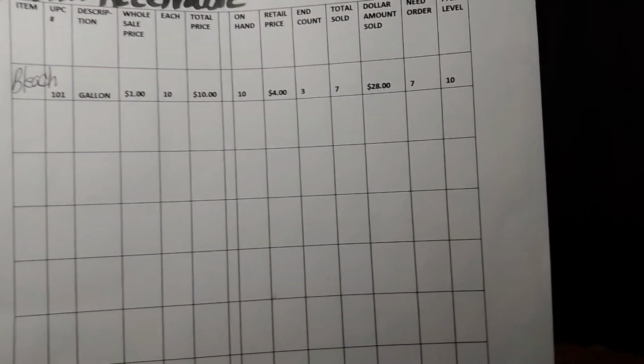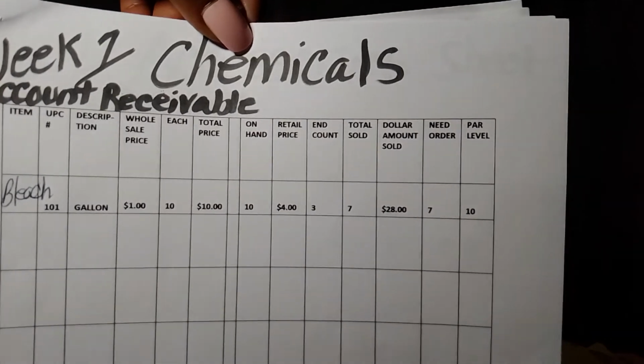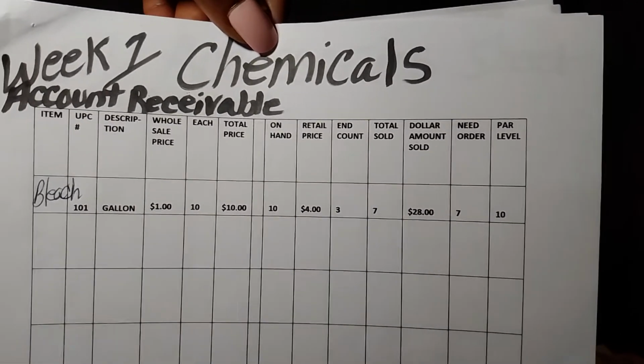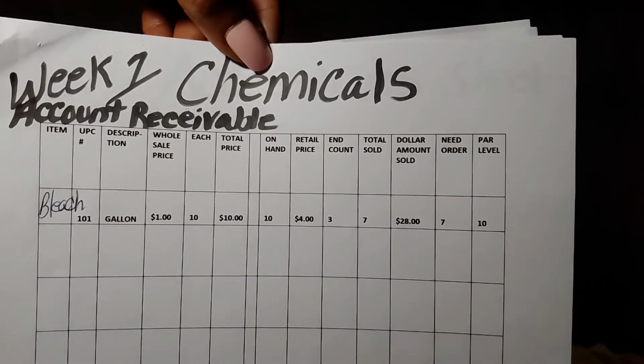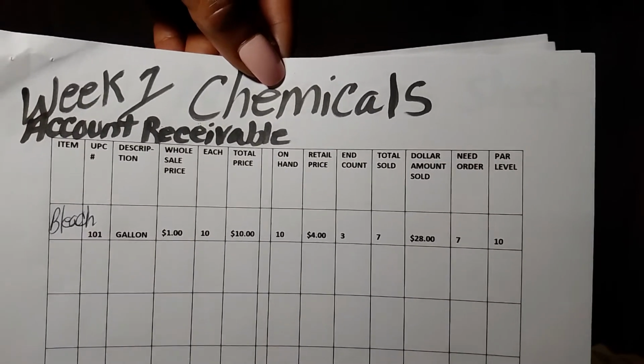Okay. Then you'll have your next sheet, which is called chemical sheet, because that's where your bleach is gonna go. Remember, you ordered bleach. So your next sheet is gonna be like this. And remember, you're gonna put the week 1 in the far left of all of your sheets, because this is week 1 that we are working in.